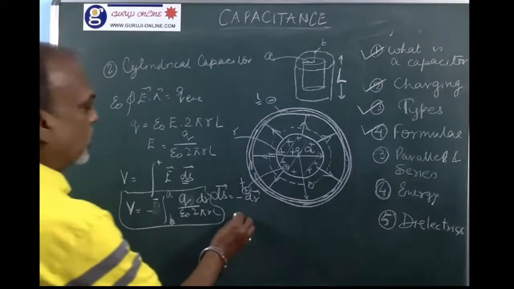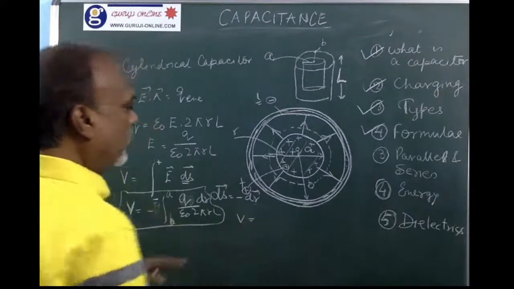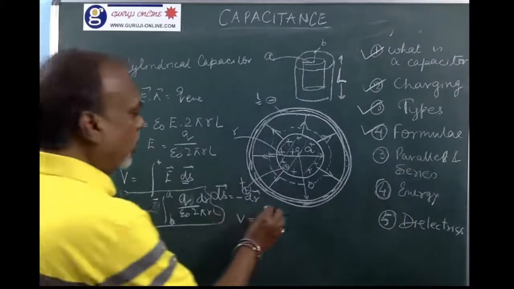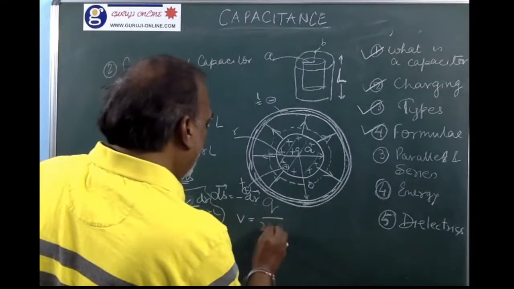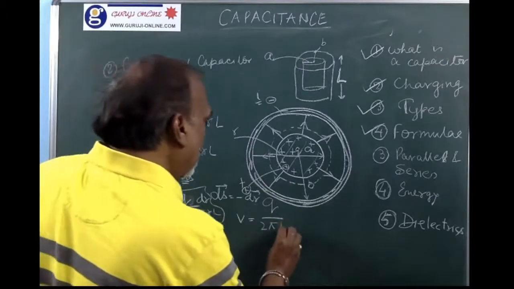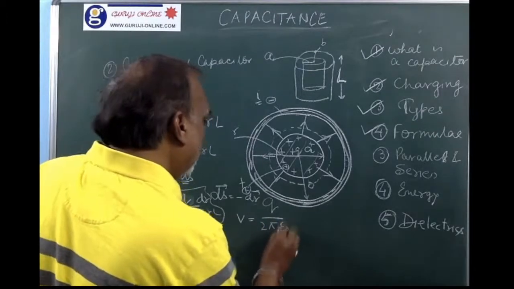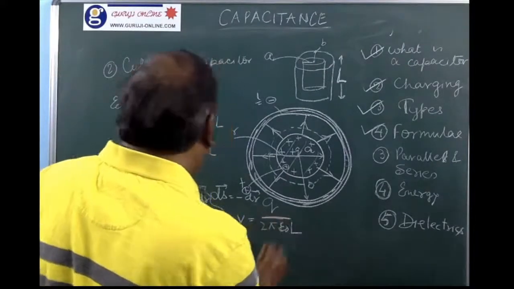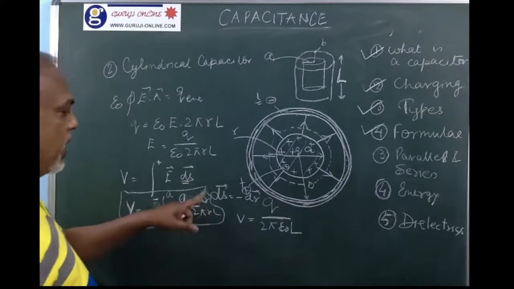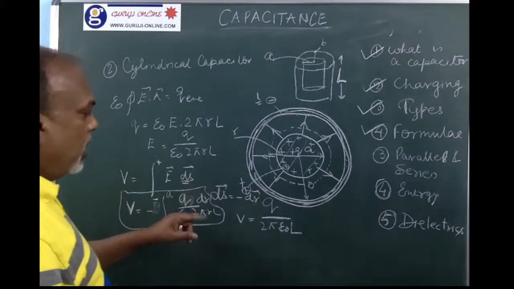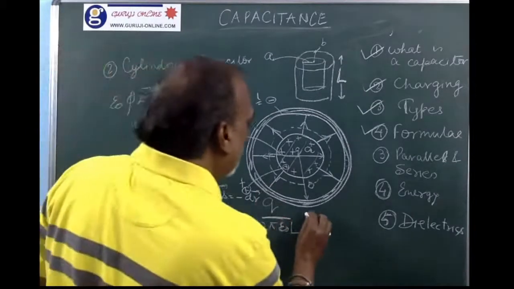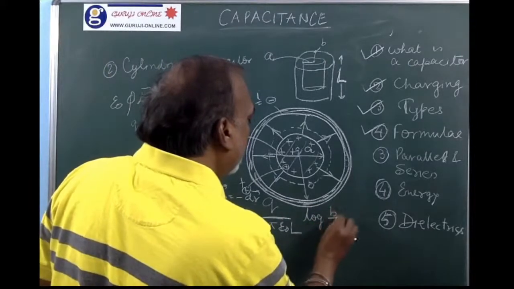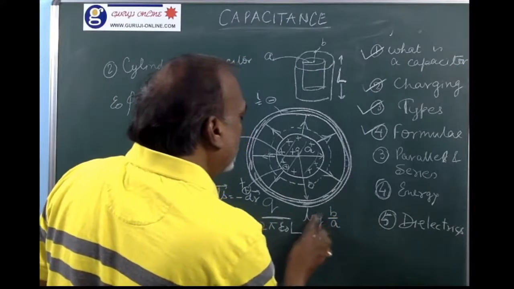And this will give you Q upon 2 pi epsilon 0 L, and take these limits. This is integral dr by R, so this will become log. This will be log B upon A. Basically it is ln.